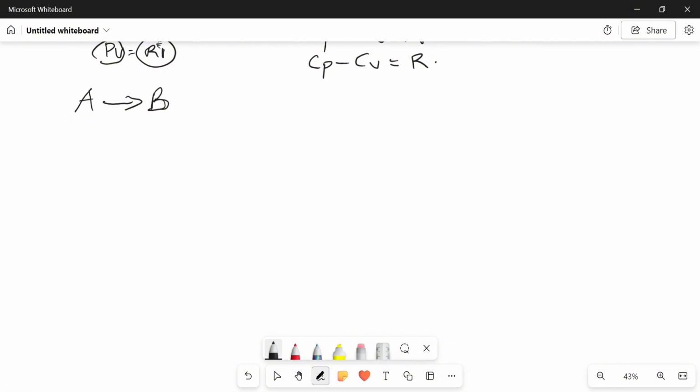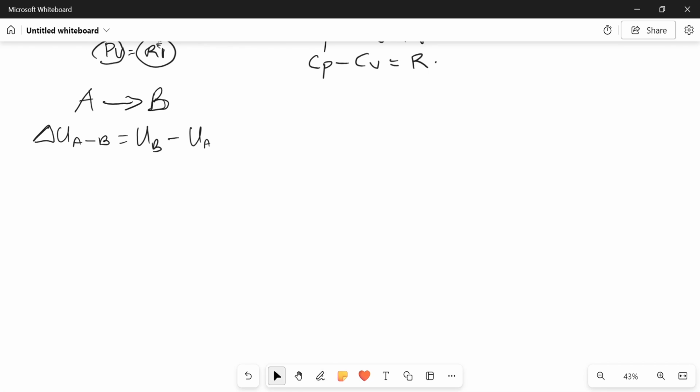Now with this, we can see our change in U of A moving to B is equal to UB minus UA, because it is product minus reactant. Okay, good.